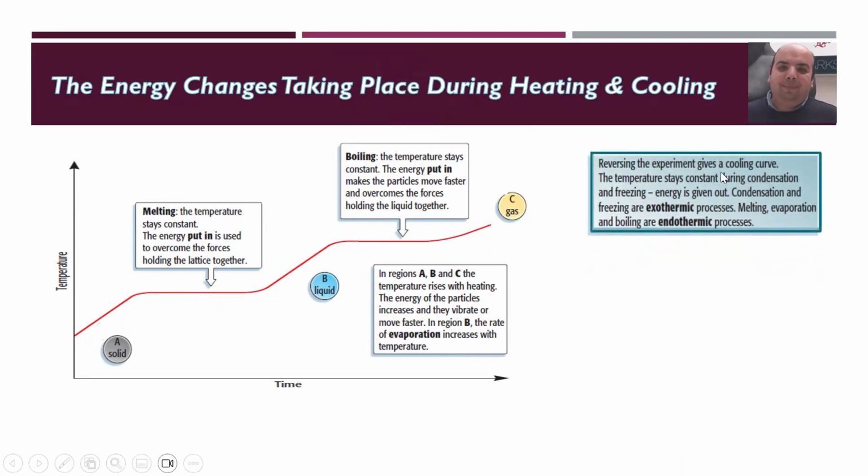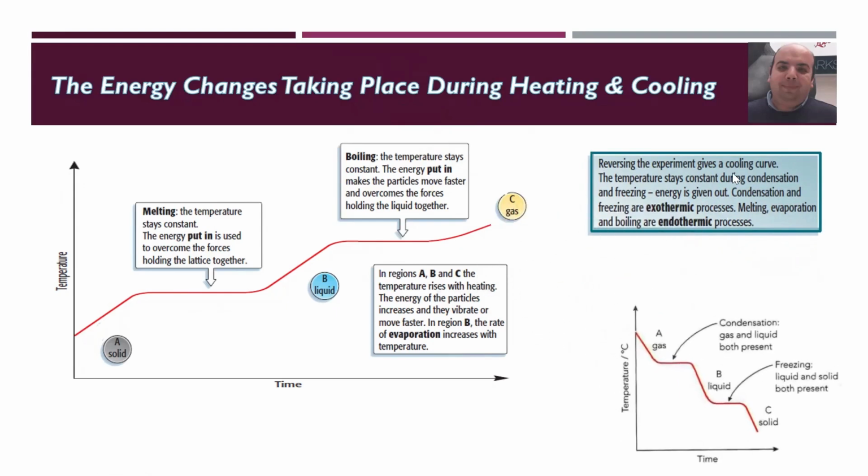Reversing the experiment gives a cooling curve, like this one. The temperature stays constant during condensation, and gas and liquid phases are both present in this case. The temperature also stays constant during freezing, and in this line, liquid and solid are both present.